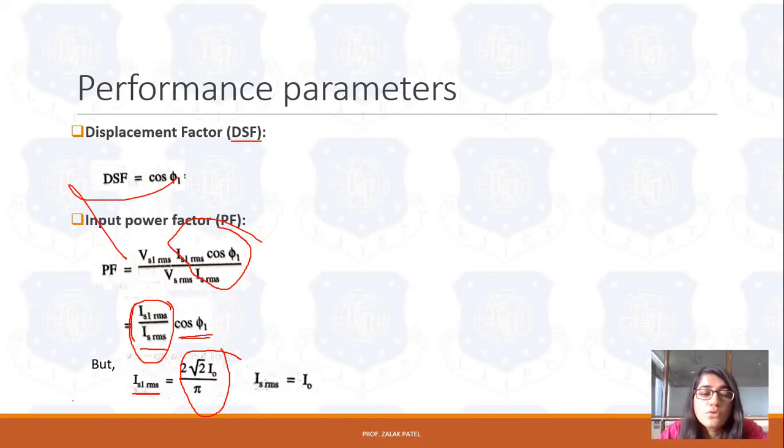We do not have the proof of it here, but if you are interested, let me know. We will prove these IS1 RMS and IS RMS values, that is 2 root 2 I0 upon pi and IS RMS equal to I0. So let's put the values of both the fundamental component as well as the supply current component into the equation.